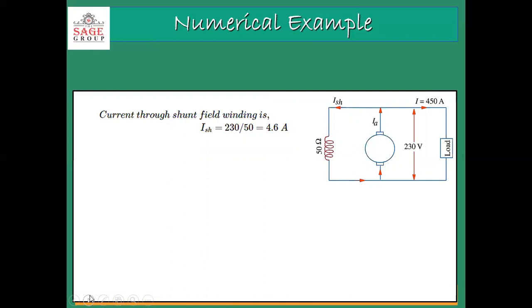Since shunt winding, armature and load are mutually parallel to each other, the shunt current is equal to 230 volt divided by 50 ohm of resistance, which is equal to 4.6 amperes.